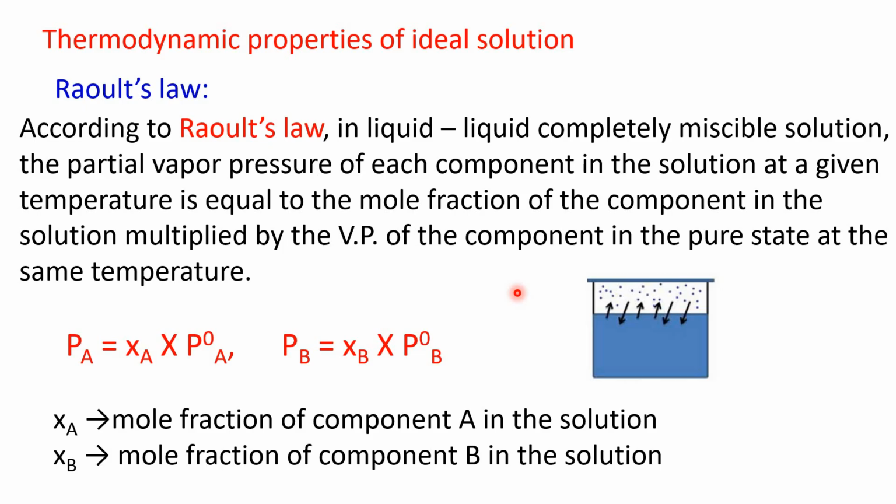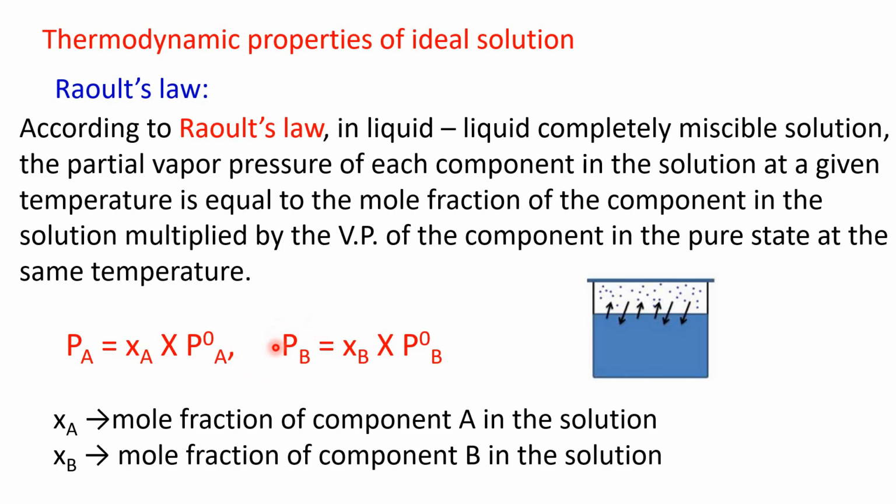So according to Raoult's law, the partial vapor pressure of any component, here it is component A, is equal to the mole fraction of that component in the solution multiplied by the vapor pressure of the component in the pure state at the same temperature.